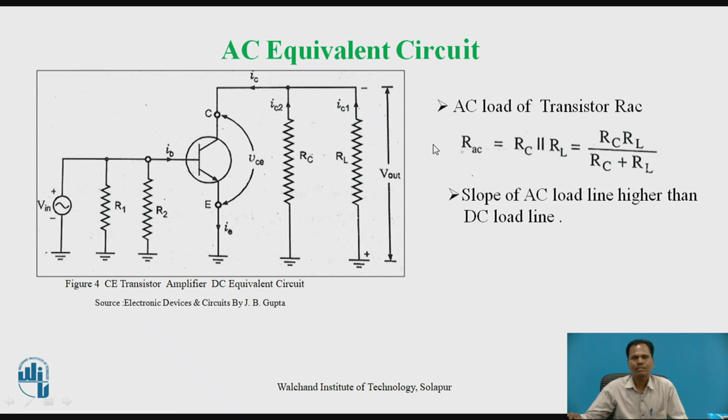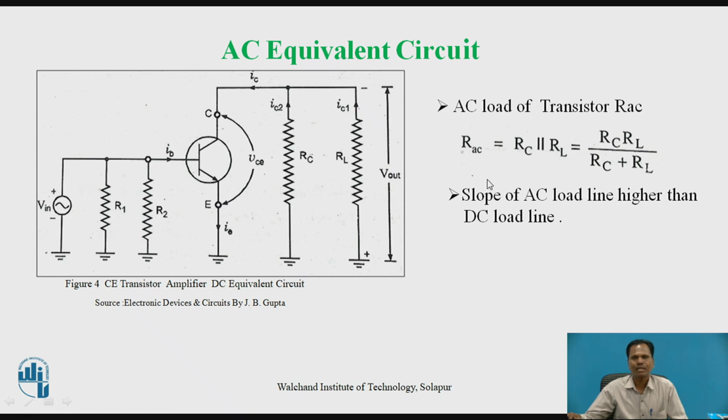So the AC load resistance of the transistor, RAC, equals RC parallel RL, that is RC RL upon RC plus RL. Another new line can be drawn through the same operating point, Q point, whose x coordinate is VCEQ and y coordinate is ICQ, the value of collector to emitter voltage at Q point and the value of collector current at Q point, with a new slope that is given by minus 1 upon RAC.